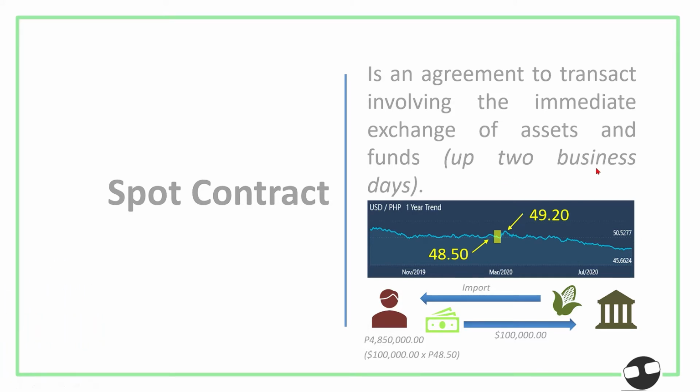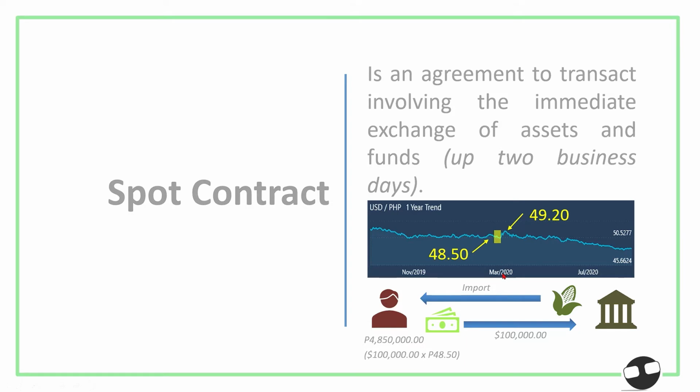For example, let's say you are an importer and you wanted to import corn, and the cost of the transaction is $100,000. Now, on March 1, for example, the dollar-peso exchange rate is at 48.50, and you anticipated that it will go up in the next few weeks to 49.20.